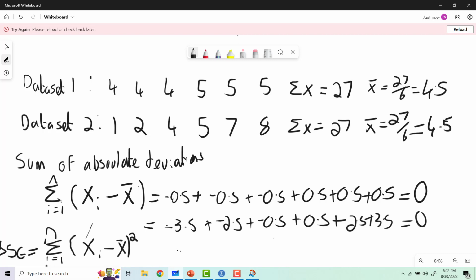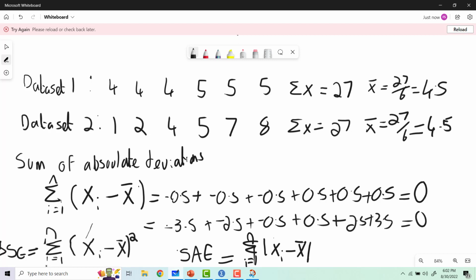Or we could maybe do the sum of the absolute error, and we just do sigma i equals 1 to n, xi minus x bar, and then we draw the line to the right, the absolute, which is basically take the positive value of each of those differences.